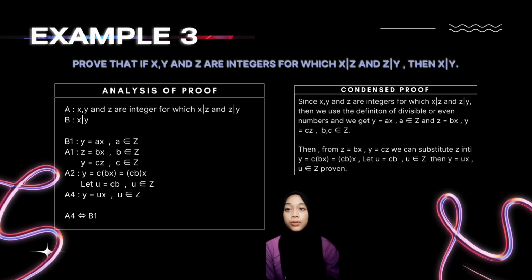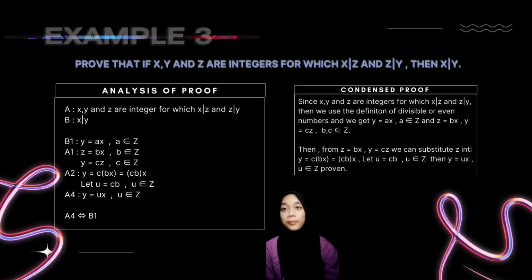Then we are going to put cb together, so it's going to be (cb) times x. So let u equal cb. So A4 is going to be y equals ux, where u is an element of the integers. So by these steps, it is proved that A4 is logically equivalent to B1.